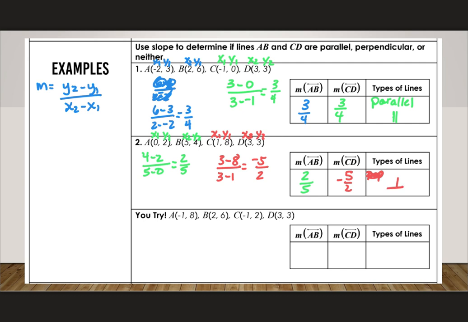All right, and then the last one, x1, y1, x2, y2. And you should really write your letters so you can tell the difference between x and y. So 6 minus 8 on top, 2 minus negative 1 on the bottom. That's going to give us negative 2 on top and 3 on the bottom.